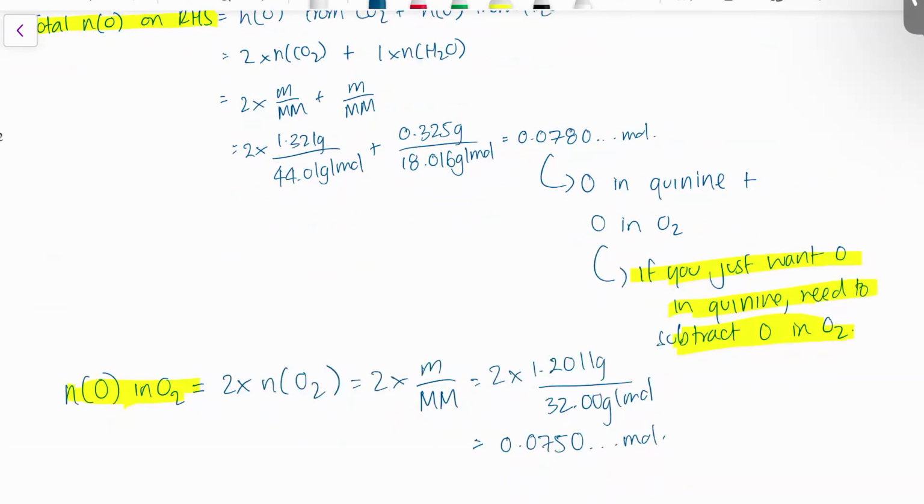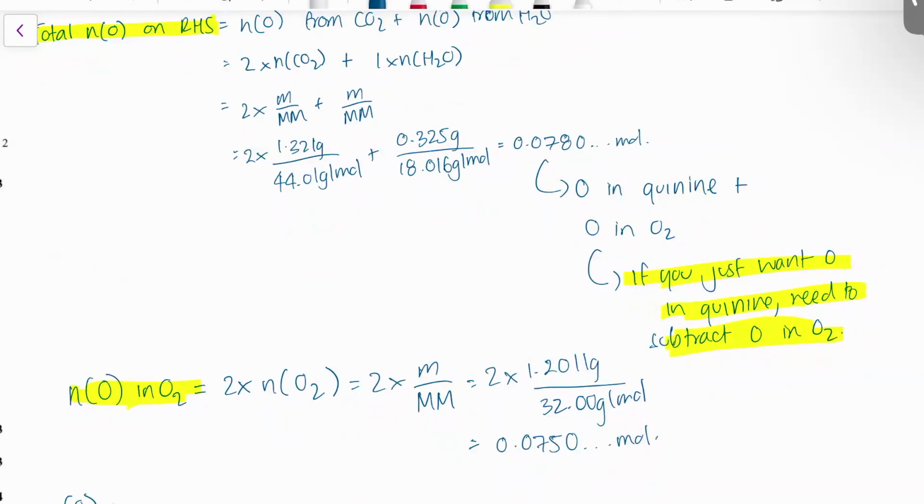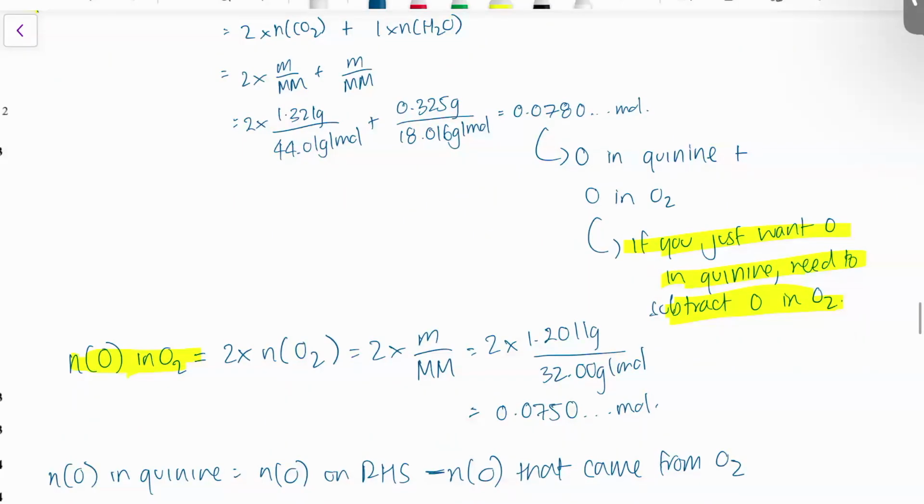So now we're getting to the point of the oxygen in the quinine. So moles of oxygen in quinine is equal to moles of O on the right hand side minus the moles of oxygen that came from O2. Okay, so that's your 0.0780 minus your 0.0750.